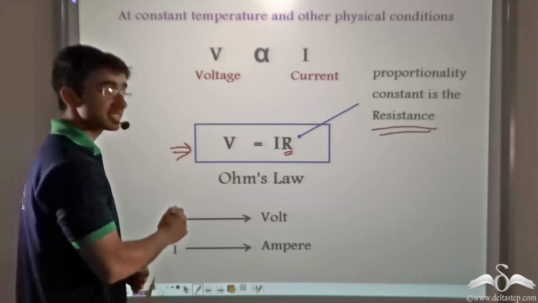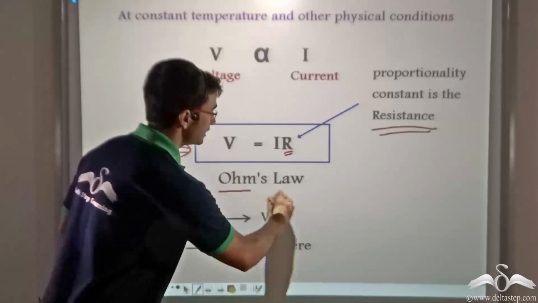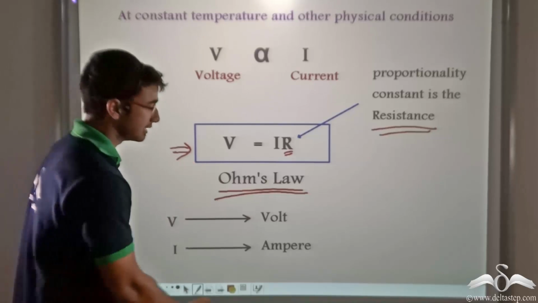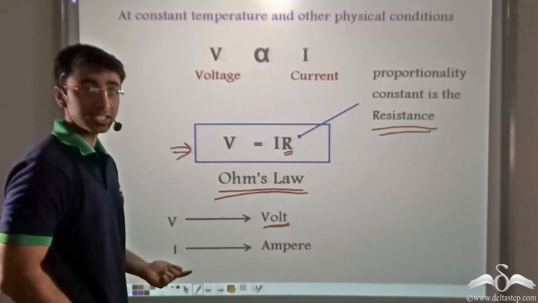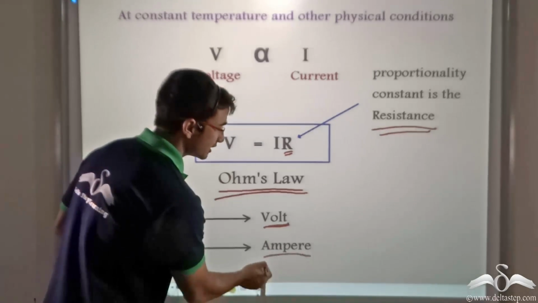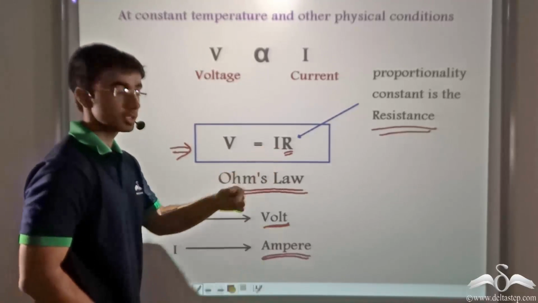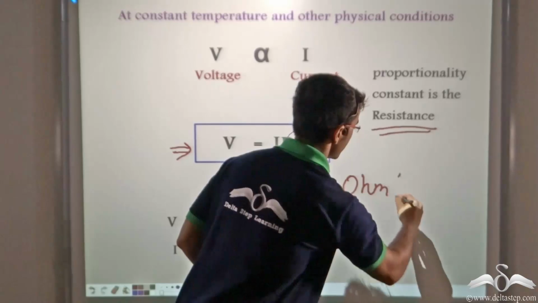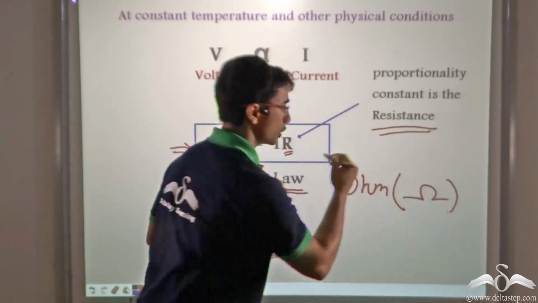This is the numerical statement of what is known as Ohm's law. Over here, V, which is the potential, is measured in volt, and I, which is the current, is measured in ampere. R, which is resistance, is measured in ohm, which is given by the symbol omega.